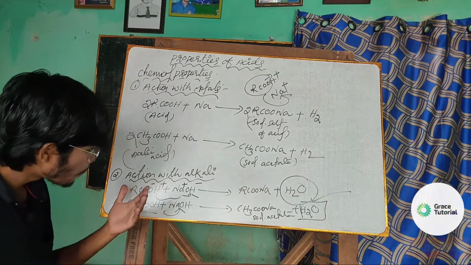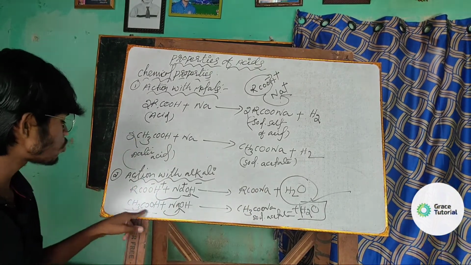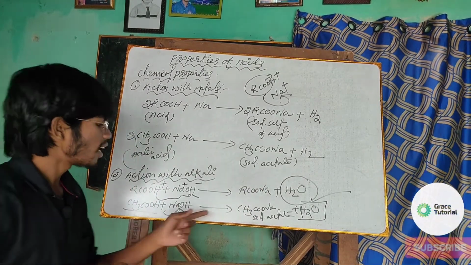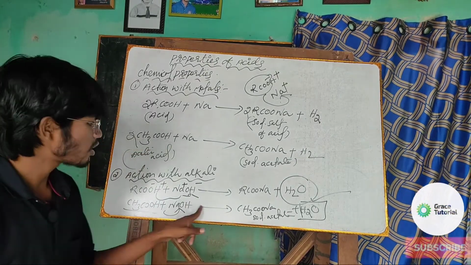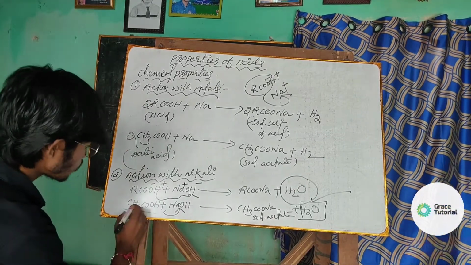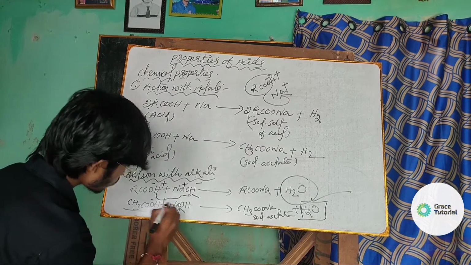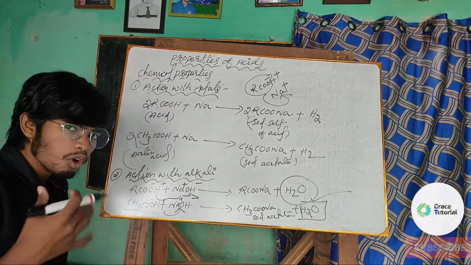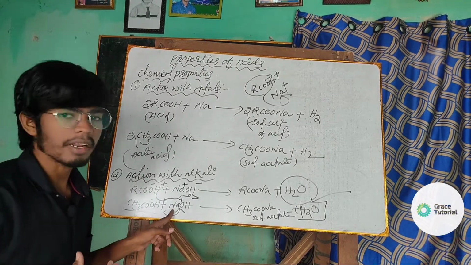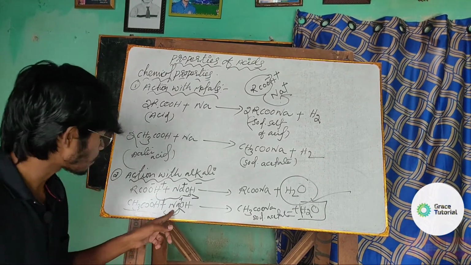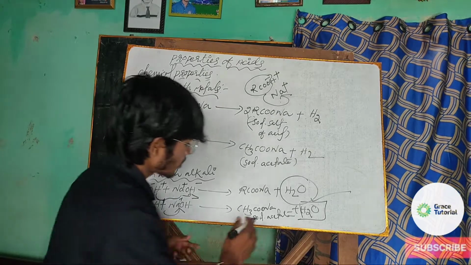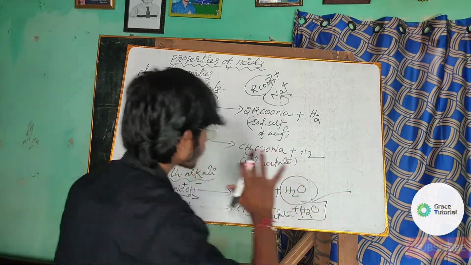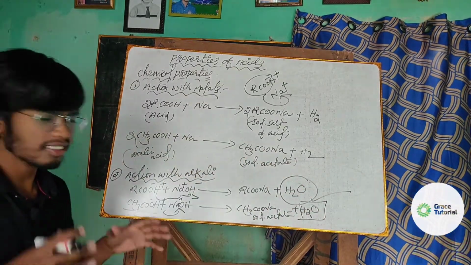If you put the specific example, CH3COOH plus NaOH gives rise to CH3COONa plus water.